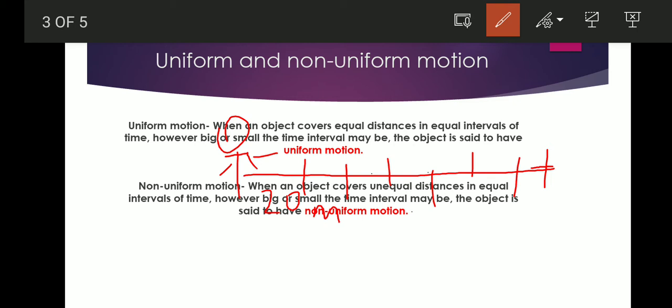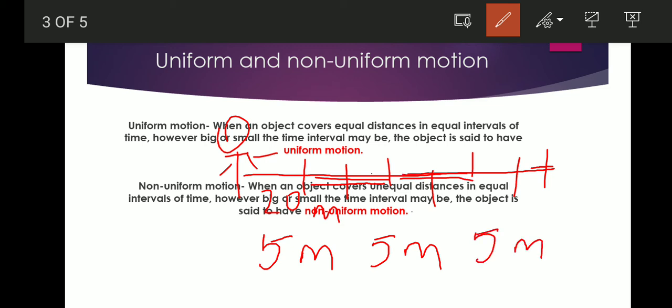From here he takes 5 minutes to cover this 20 meter. Again from here also he takes 5 minutes to cover 20 meter. Again from here he takes 5 minutes to cover this much length.